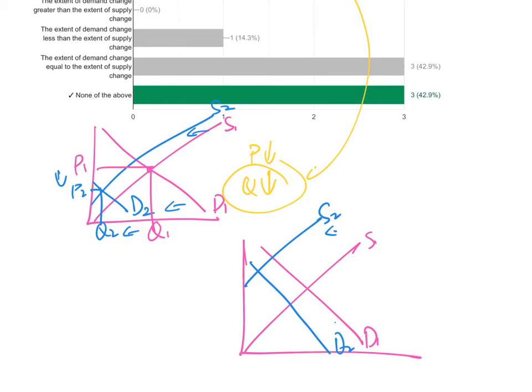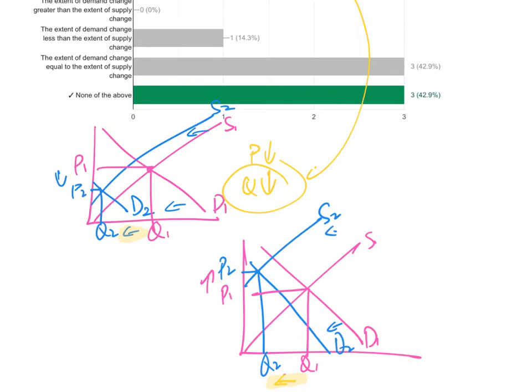Then equilibrium P2, Q2, and for the original one, P1, Q1. Okay, the price goes up, then the quantity goes down. According to both diagrams, we have quantity decrease.